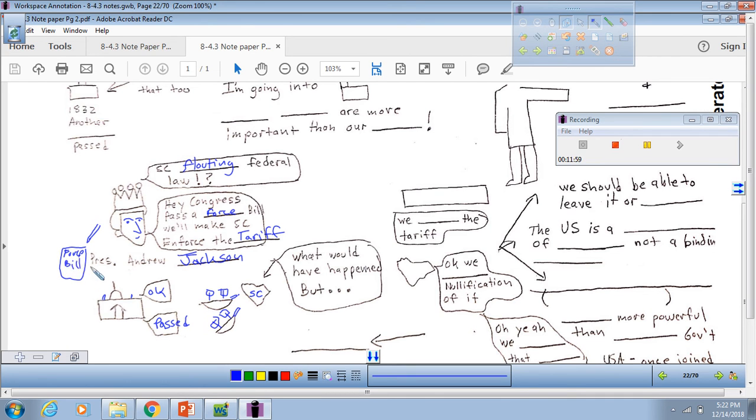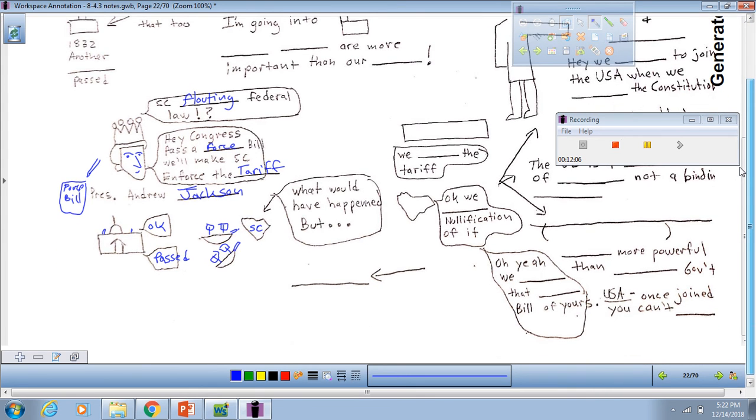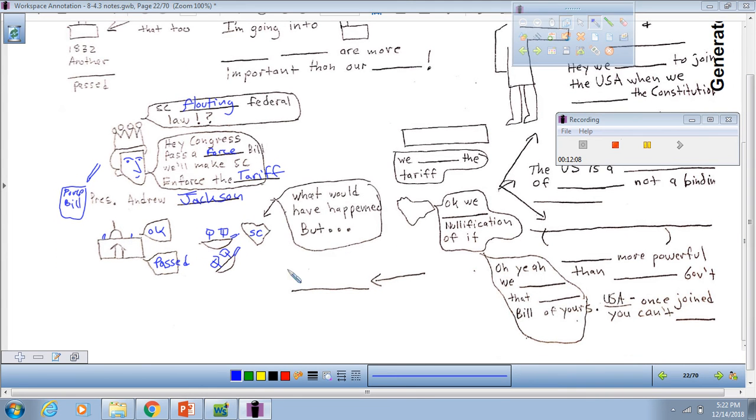Now, the force bill would have sent the military to South Carolina to enforce the tariff. But in the meantime, or shortly thereafter, a compromise was met, and it was realized that it's not really worth resorting to violence over this.